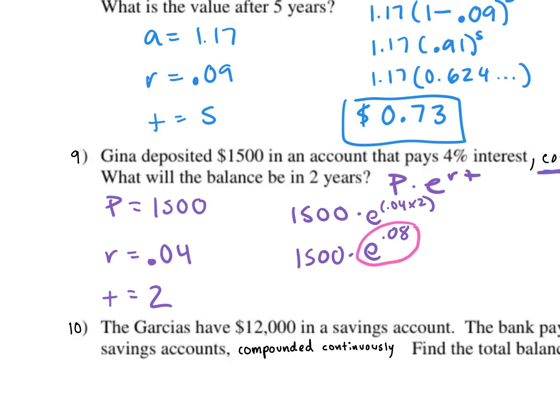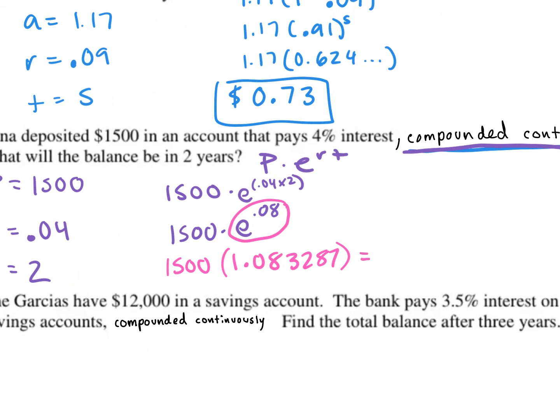I have to do e to the power of 0.08 in the calculator. So that gives me 1.083287. And then what's the last step? Multiply by 1,500. So we get 1,624.93.